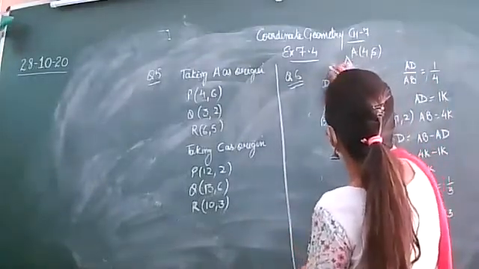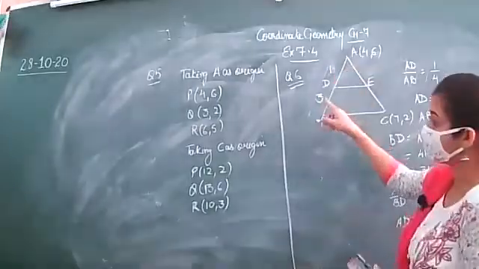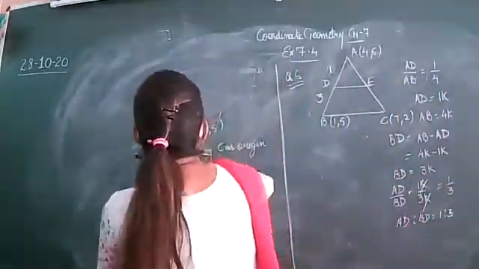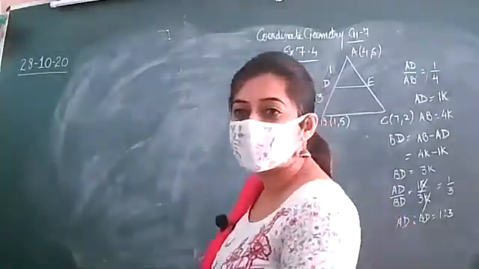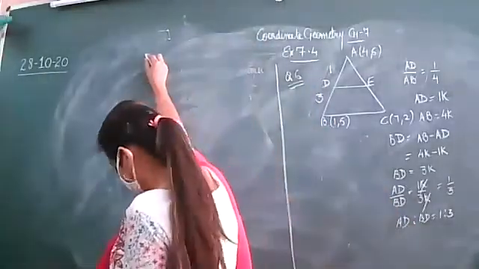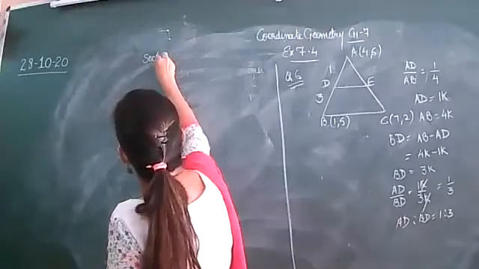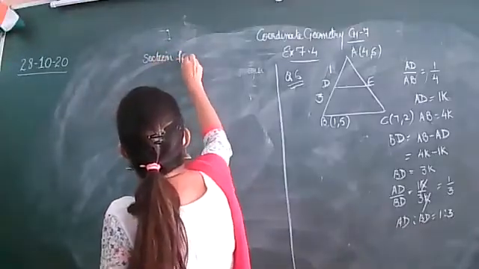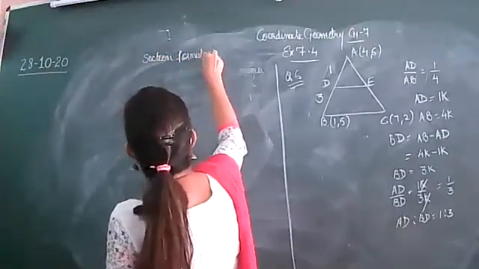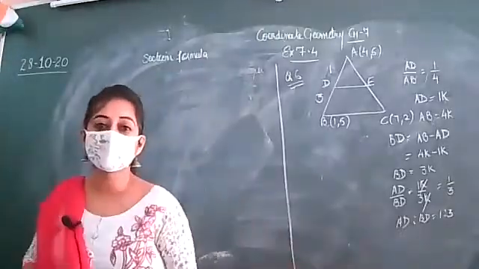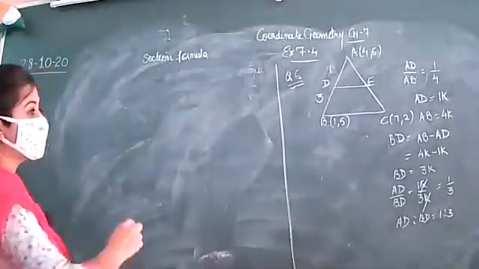For this, I'm writing the ratio 1:3. Firstly, you will write the section formula. If the ratio is given, then you will use the section formula that involves m1, m2. If the ratio is to be found, then you will use the formula that involves k ratio 1.